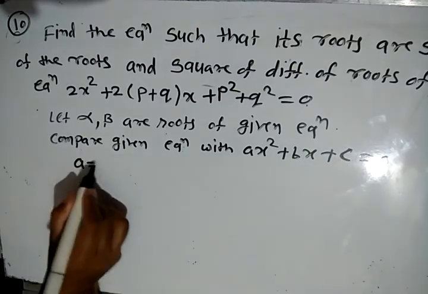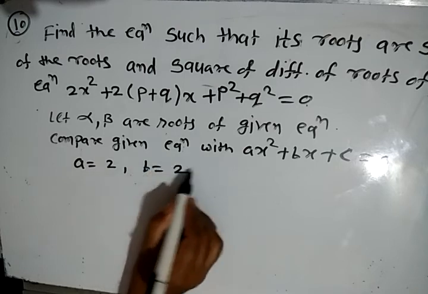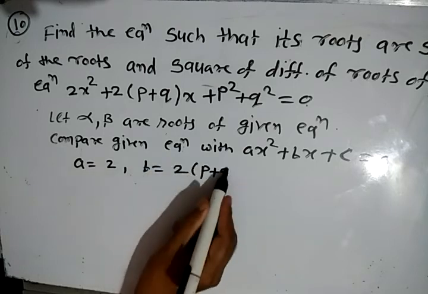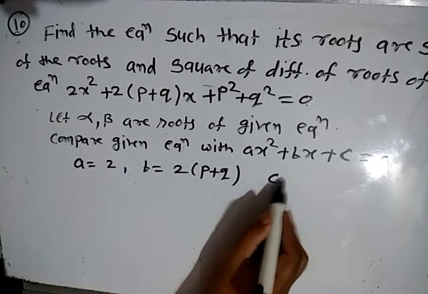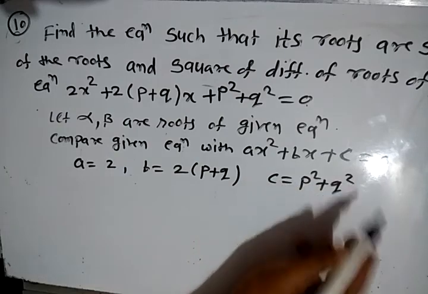Then the value of a is 2, the value of b is 2 times p plus q, and the value of c is p square plus q square.